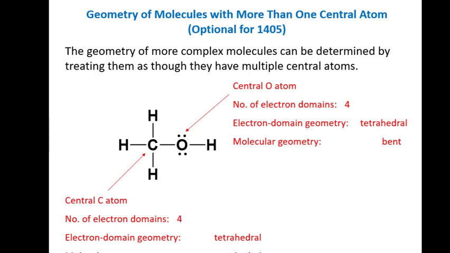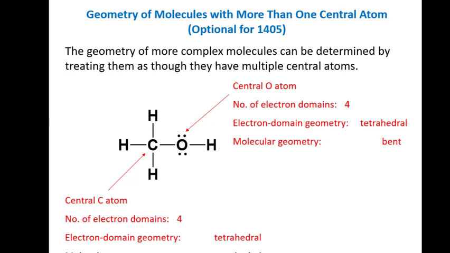Now, if you have a molecule that has more than one central atom, and we looked before at that molecule with carbon-carbon and 2 hydrogens attached, then you cannot determine a molecular geometry for the entire molecule. In that case, what you need to do is determine the molecular geometry around each central atom. So consider as if you had the 2 central atoms. See the carbon there, it's got 4 electron domains, so the molecular geometry is tetrahedral there.